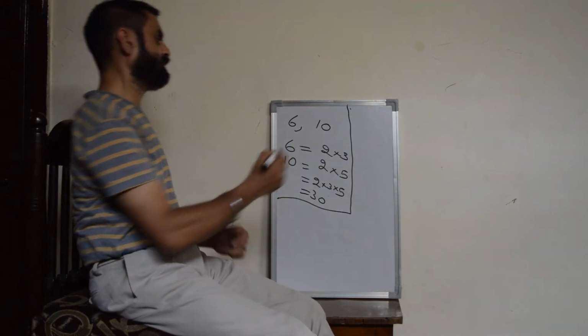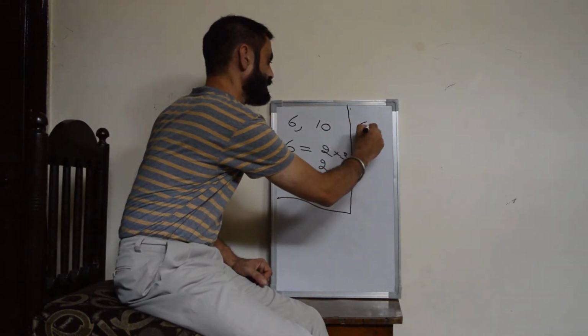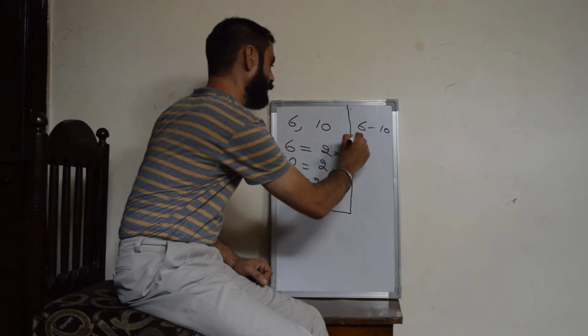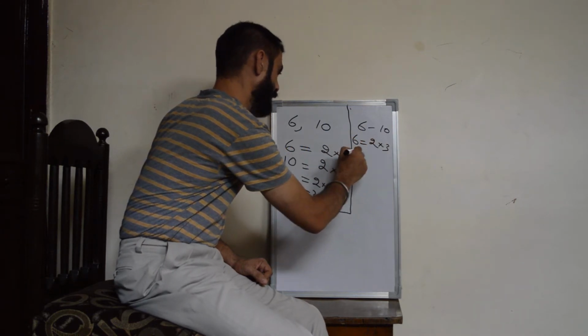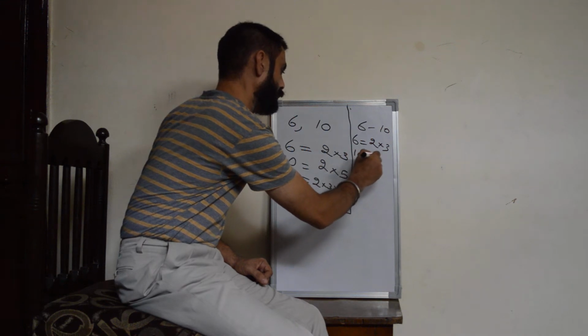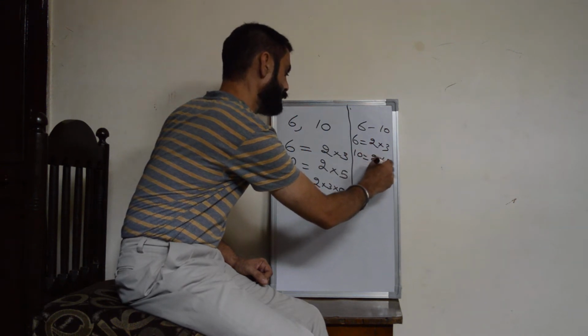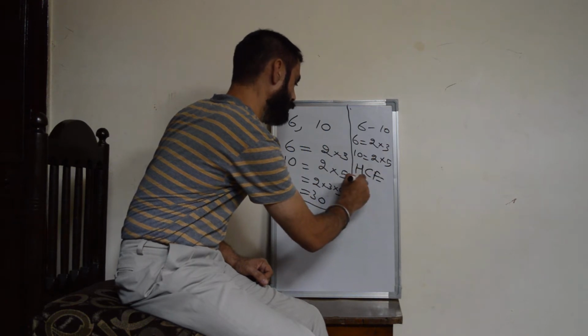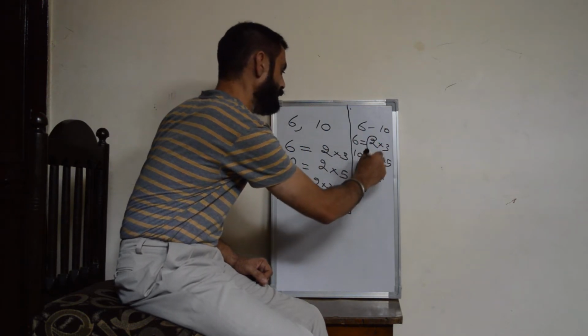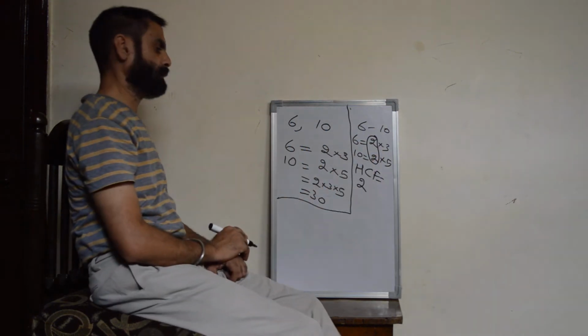Let us take the numbers 6 and 10. Now the factors of 6 are again 2 into 3 and factors of 10 are 2 into 5. So the HCF will be 2, as we take only the common and we ignore the other two numbers.